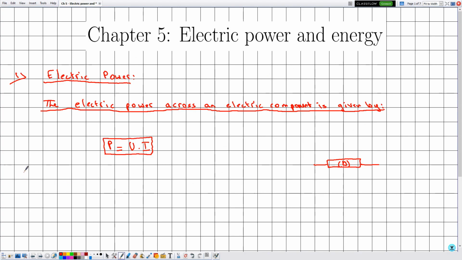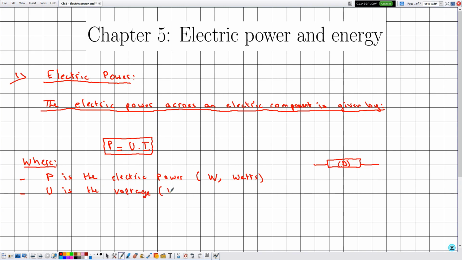Then let me write here where P is the electric power, the symbol of its unit is capital W, which stands for watts, and U is the voltage.